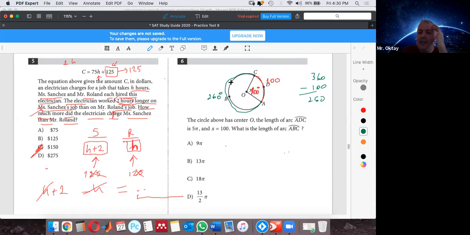Now the question says something else. The circle above has center O. The length of arc ADC is 5 pi.